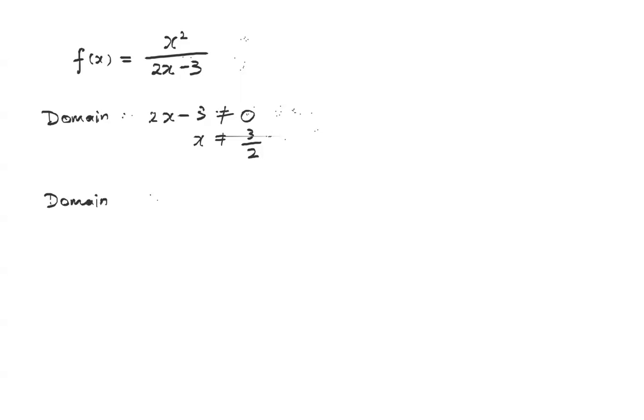So when I practice, if I practice correctly, any question, I will not just answer the question only, I will go a bit further. So the domain will be X, X is a member of real numbers, and X cannot be 3/2.